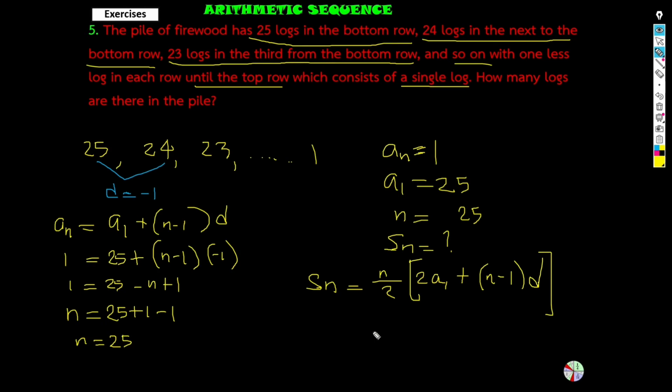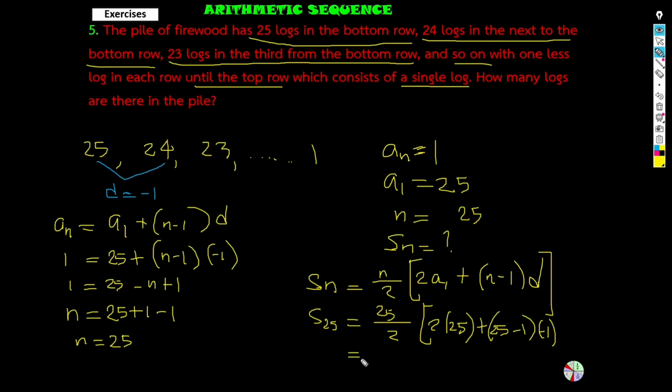So this will be S sub 25 now. n is 25 over 2 multiplied by 2 times a sub 1, which is 25, plus 25 minus 1 times d, which is negative 1.